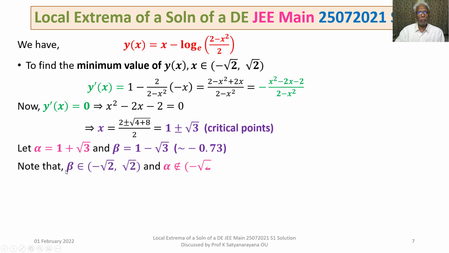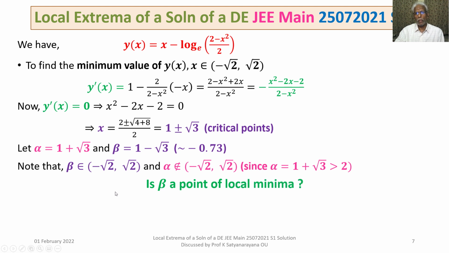So note that beta belongs to the open interval minus root 2 to root 2, because it is minus 0.73, which will lie in this, and alpha does not belong to that interval because alpha is greater than 2. So now, the question we are asking is: is beta a point of local minima? And if so, find the minimum value.